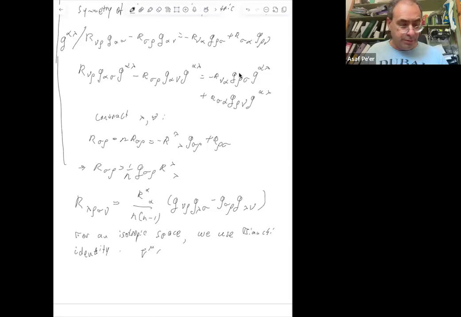Nabla^μ of (R_μν minus 1/2 R g_μν) is equal to 0.